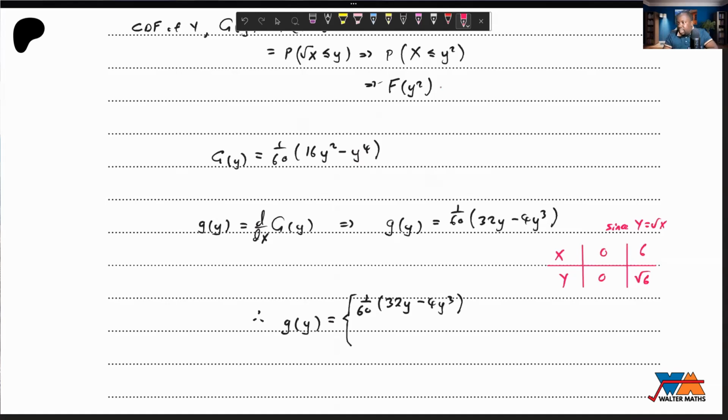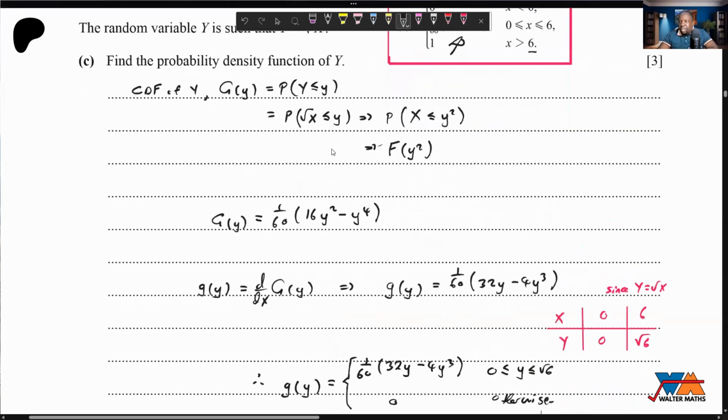So these are the limits now, and so this is for y between 0 and root 6. That's how we find the answer right here, and that's how we do it.